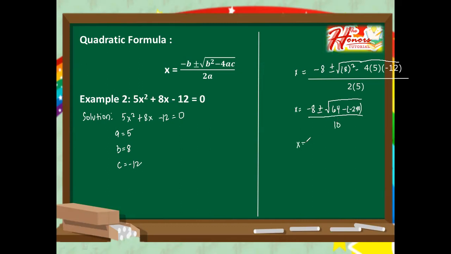So x equals negative 8 positive negative square root of 64. Negative times negative is positive 240 over 10. X equals negative 8 positive negative square root of 64 plus 240, and that is 304 over 10.